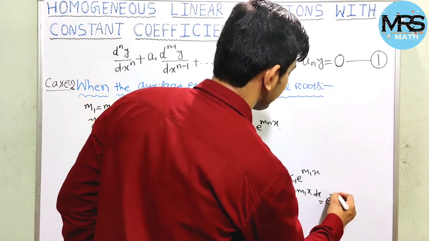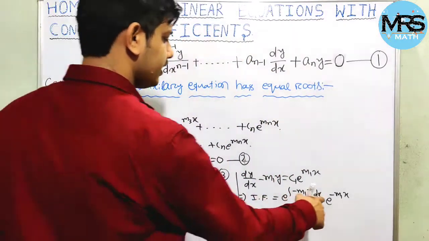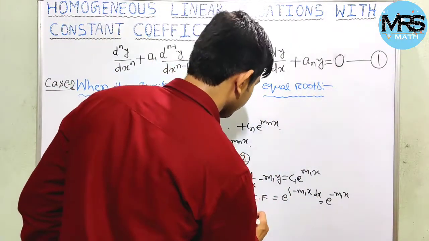That is e to the power minus m1x, correct? So this is the integrating factor for us. Then what will we get?